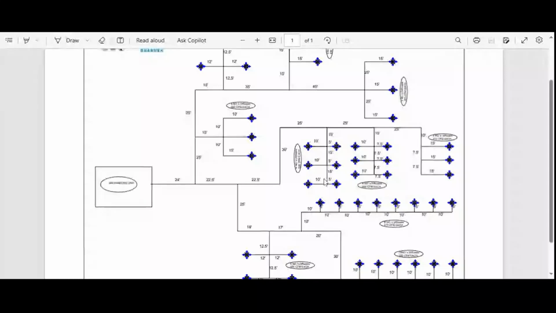So this is the drawing which I'll share with you.